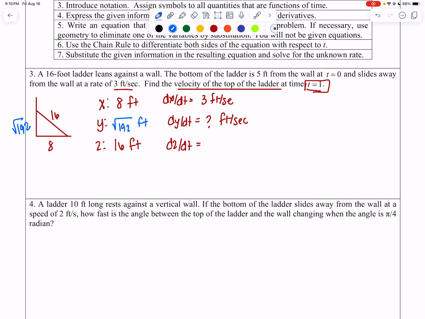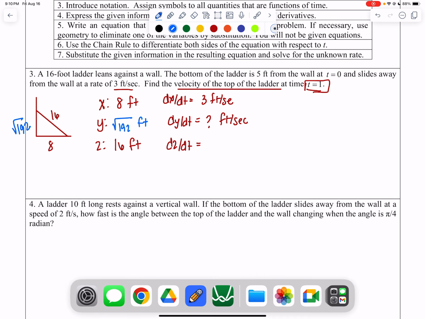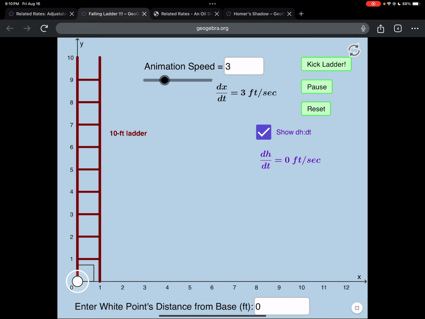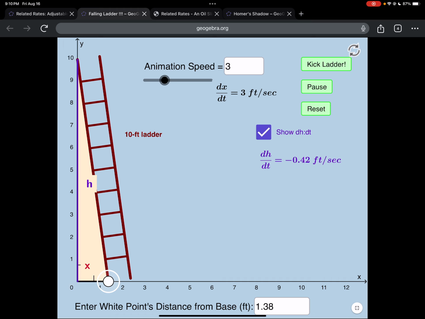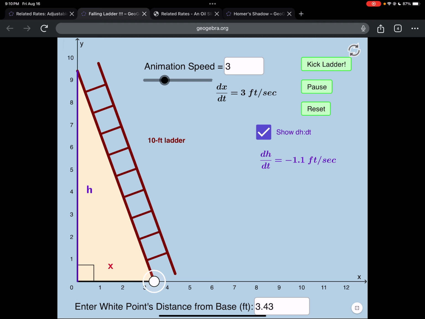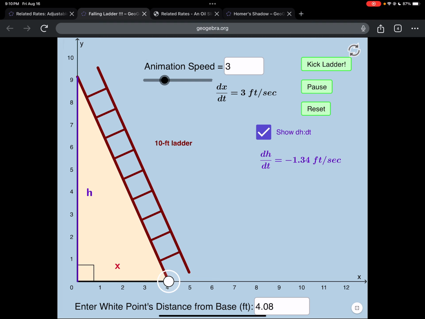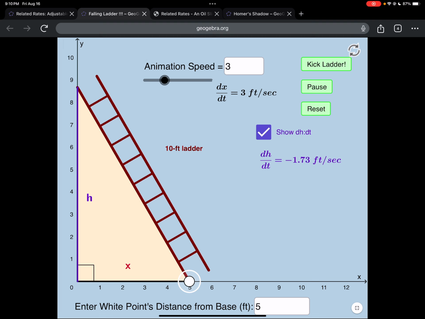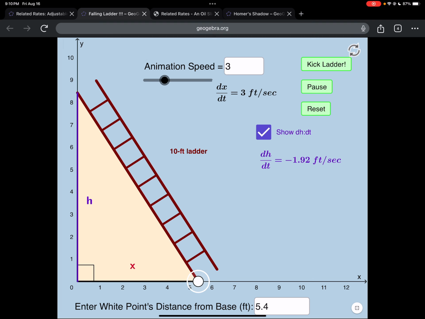All right, now what I'm going to do is think about dz/dt here. And I'm going to show you a little applet in terms of problem number 3. As I move the ladder here, notice how my x is changing, dx/dt is changing, and my height is changing, dy/dt is changing.